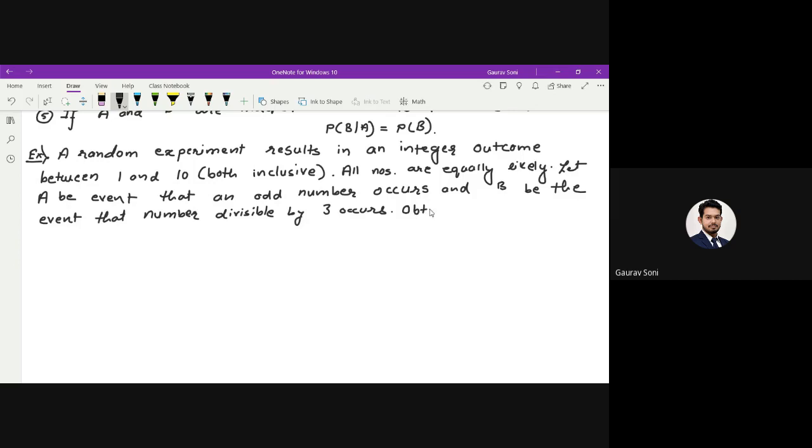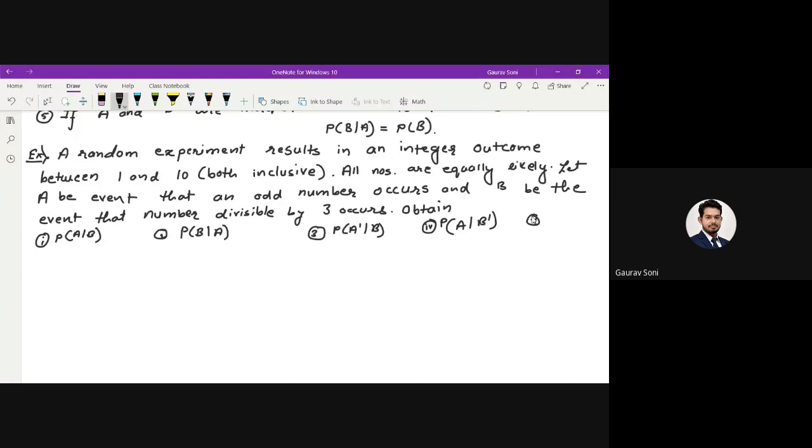Obtain: first, probability of A given B. Second, probability of B given A. Third, probability of A complement given B. Fourth, probability of A given B complement.